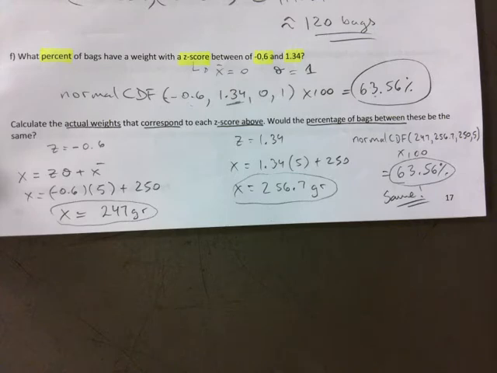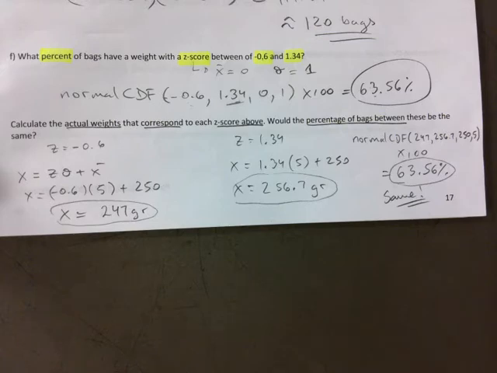Then you want to use the standard deviation and the mean for the value that you're trying to find. And where did you get the 0 and the 1? Because here they just asked what percentage of bags is in between here. You're using z-scores. You're going to stay within the z-score to figure out the percentage. And so you use 0 and 1.